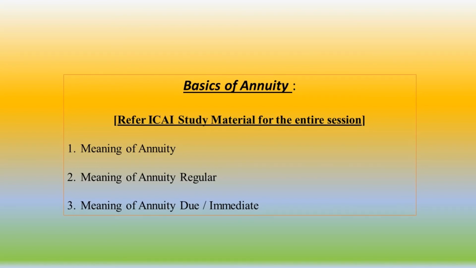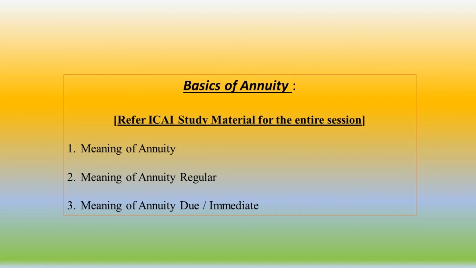So the first step for you would be to identify whether the problem will be classified as annuity regular or annuity due or immediate. Once you identify whether the problem given to you is an annuity regular, for example, then the next step would be to further identify whether it falls under the category of future value of annuity regular or present value of annuity regular. Don't worry now about these things. Once you're taught, you will be crystal clear.